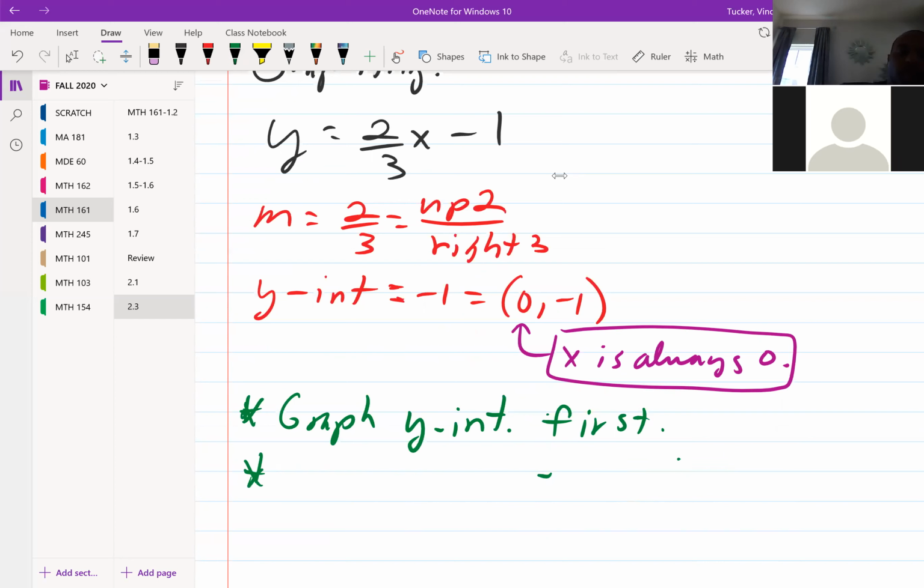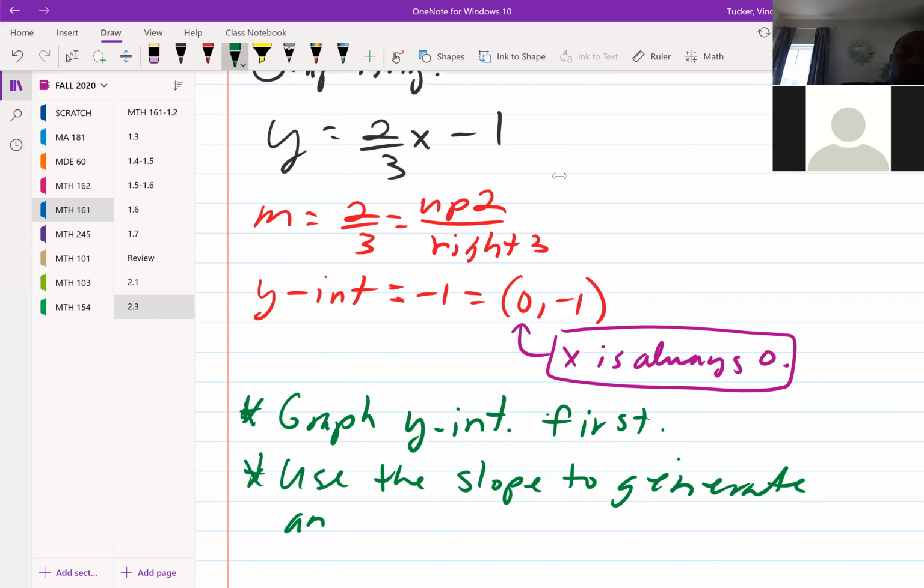Let's see, use the slope. All right, so 2 steps.